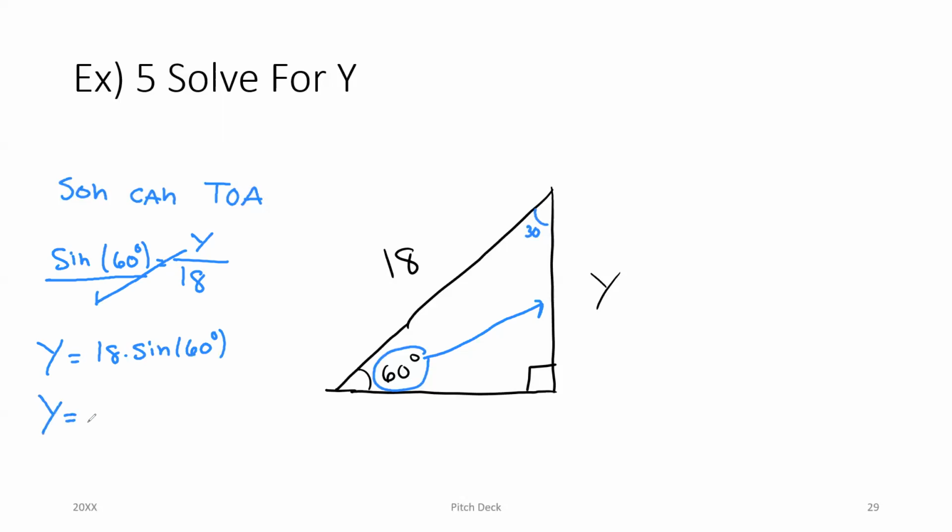So 18 times sin of 60, put exactly like that in the calculator, is 15.588. Since everything's in whole numbers, we could round it to 1 decimal, it's fine.